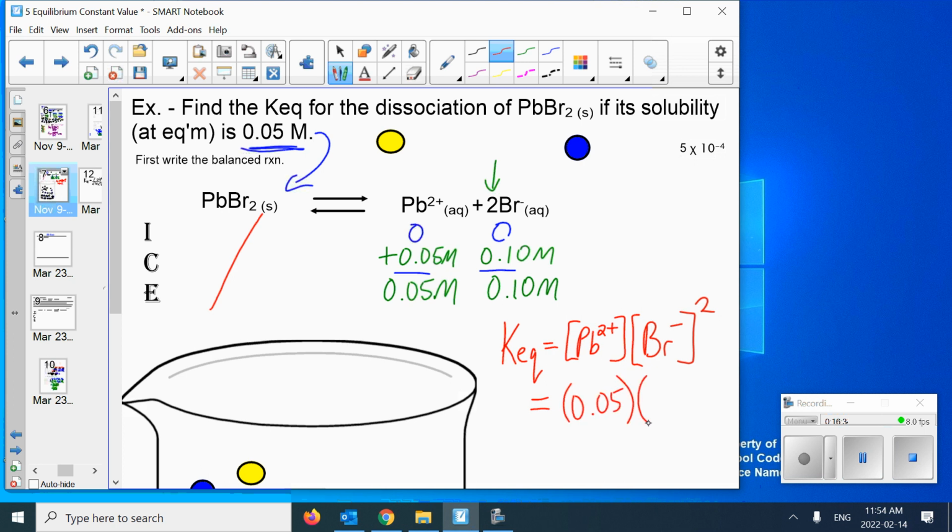Don't worry about units in these calculations. Now, use a calculator to do this, but it comes out to be 5 times 10 to the negative 4. No unit for a K value. Units are needed for square brackets if you have to solve for the concentration. Pause that.